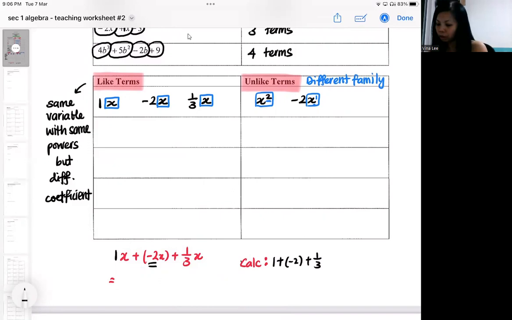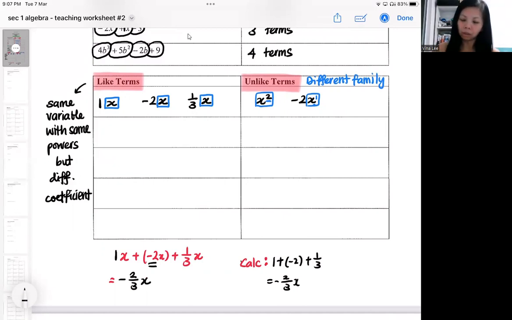So when I punch the calculator, I get -2/3. So when I add them up, I will get -2/3 x.